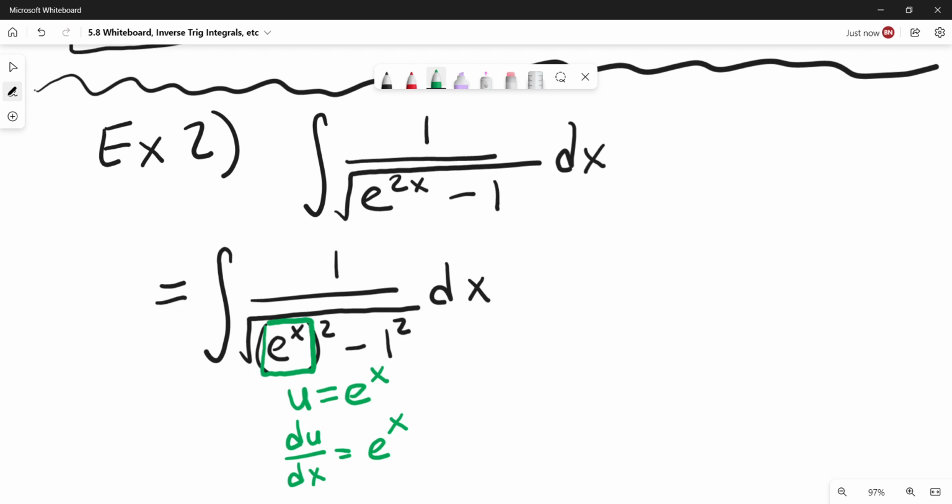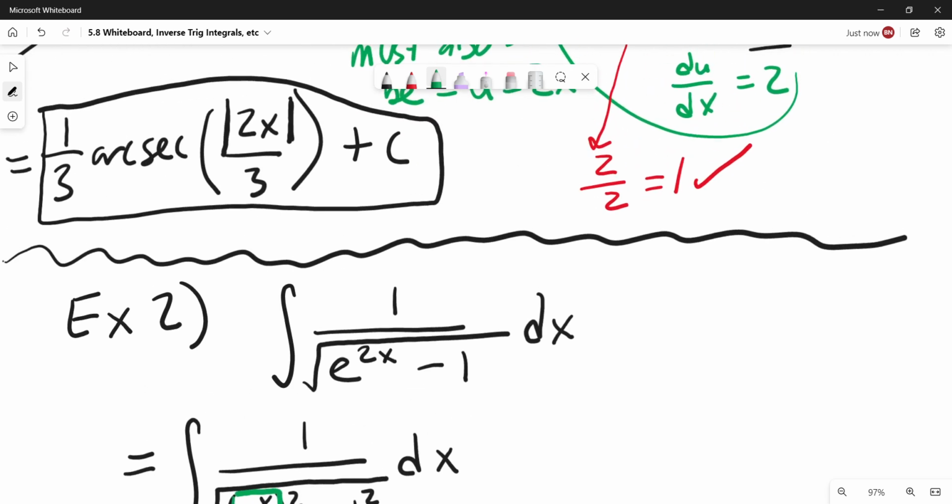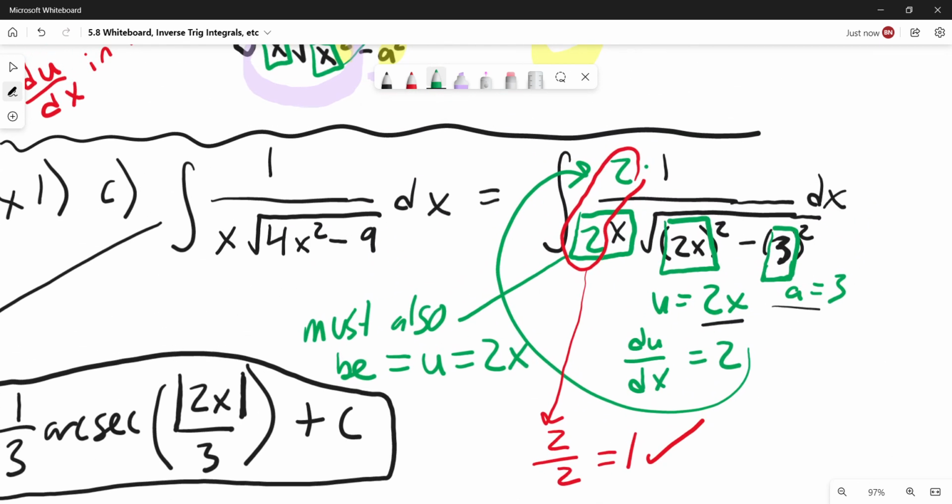If you remember our last problem, remember the miracle of what happened last time, though it was a little bit less obvious because it was just a bunch of 2's. Remember how we had 2 separate problems and they ended up helping each other out. Here the du dx is 2, so we needed that 2 up there, but the bottom needed to be a u too, so we needed a 2x here.